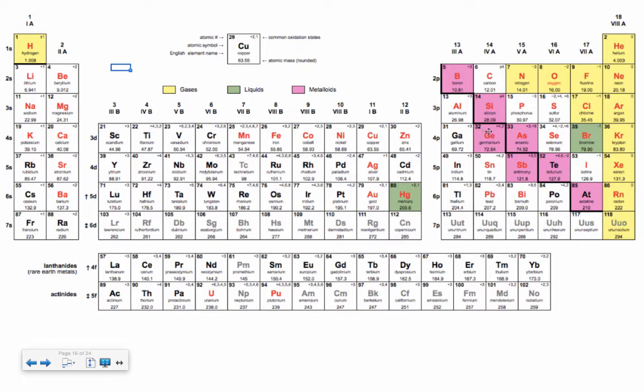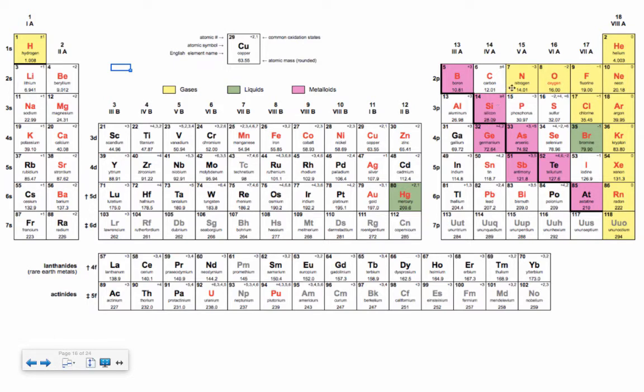Germanium can lose 4 or lose 2. So although the elements are similar within a column, they do change as you go down a column in some cases because the electrons are further from the nucleus. You have more electrons, more levels of electrons, and they're further from the nucleus.